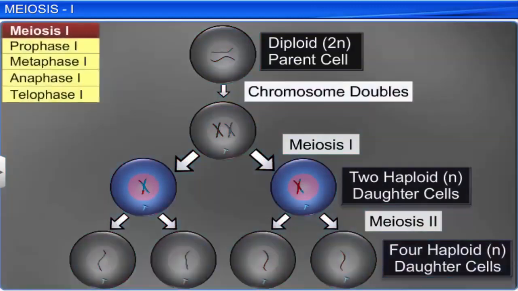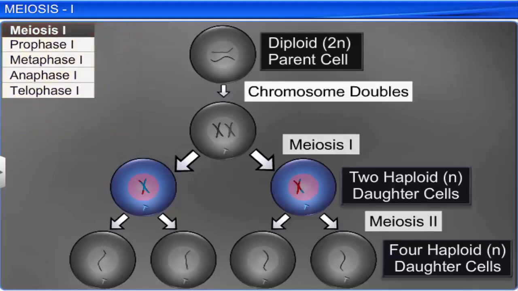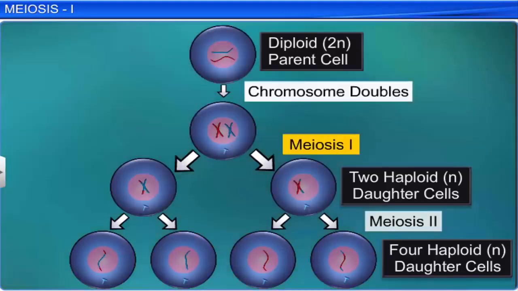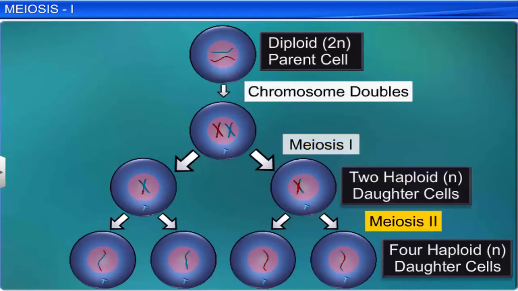Meiosis I is divided into four stages: prophase I, metaphase I, anaphase I, and telophase I. Similarly, meiosis II is divided into four phases: prophase II, metaphase II, anaphase II, and telophase II. Meiosis I halves the number of chromosomes, and meiosis II splits the sister chromatids of each chromosome, resulting in 4 haploid cells.